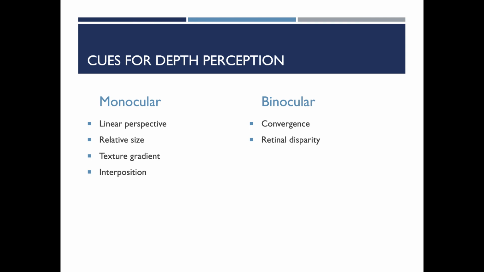And the monocular cues to distance are things like linear perspective. That is, if you were driving on a long straightaway for miles and miles and miles, in the distance, the lines of the road in front of you converge.